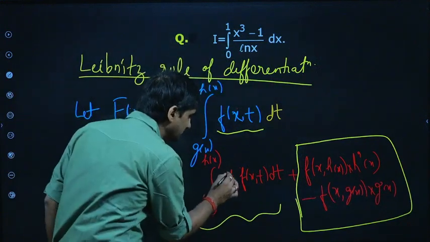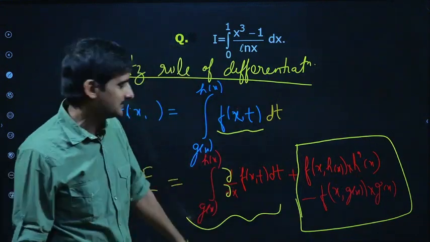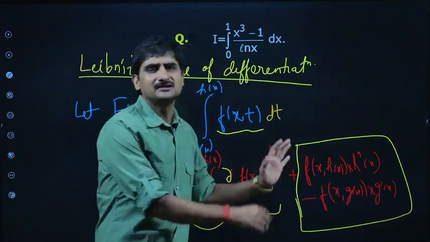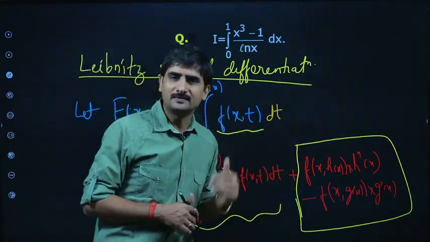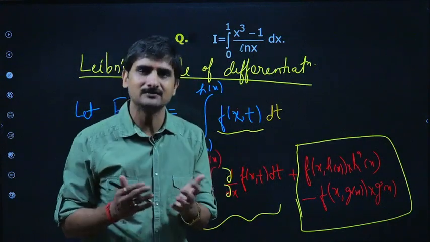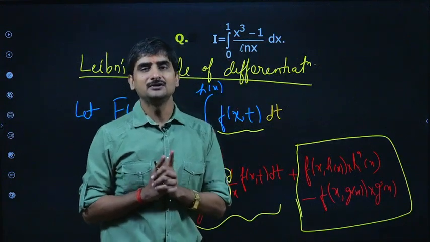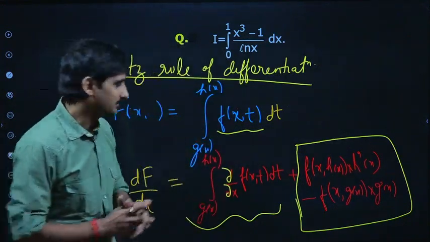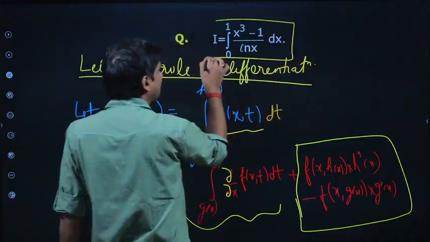If you wish, you can use the del notation, which is the notation for partial derivative, keeping t constant. The rest of the form is: replace t by the upper limit into the derivative of the upper limit, minus replace t, wherever in the function you have t, the variable of integral, by the lower limit into the derivative of the lower limit.